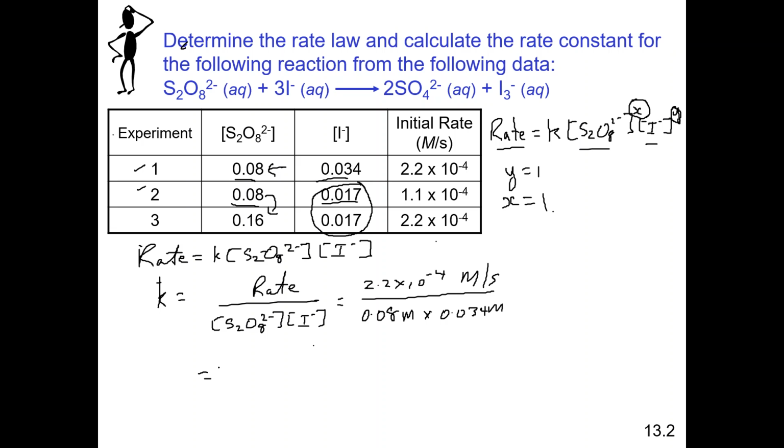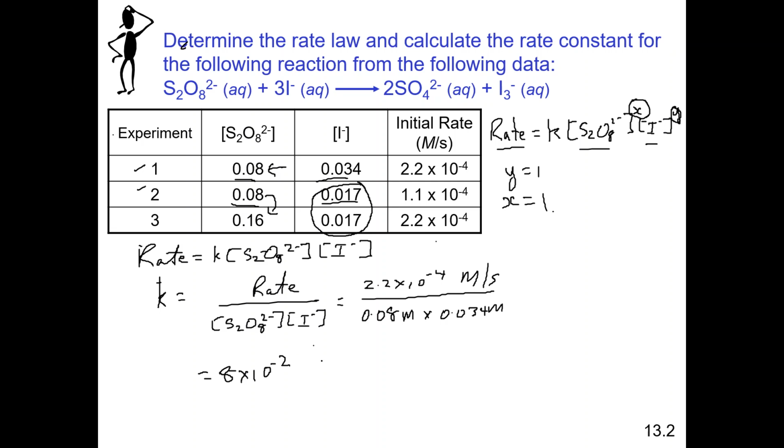So 2.2 times 10 to the minus 4 divided by 0.08 divided by 0.034. And the answer I got when I round off to 1 sig fig is 8 times 10 to the minus 2.